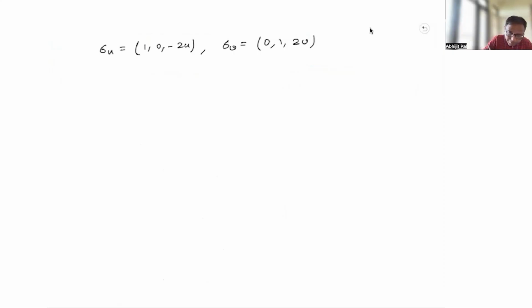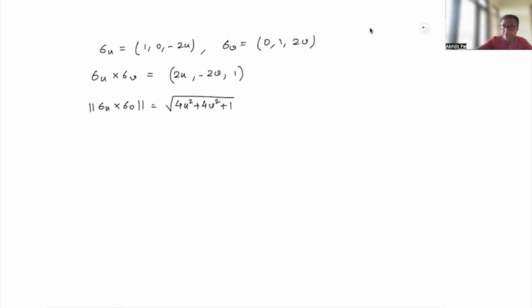And now if I take the cross product of sigma u with sigma v, that will be equal to (2u, minus 2v, 1), and the norm of sigma u cross sigma v is equal to root over 4u square plus 4v square plus 1.